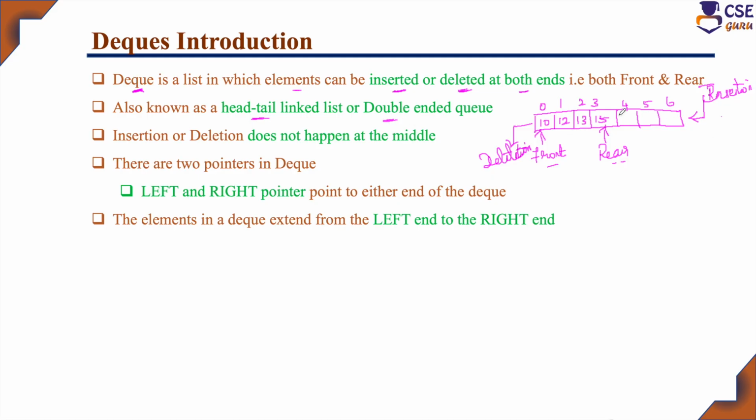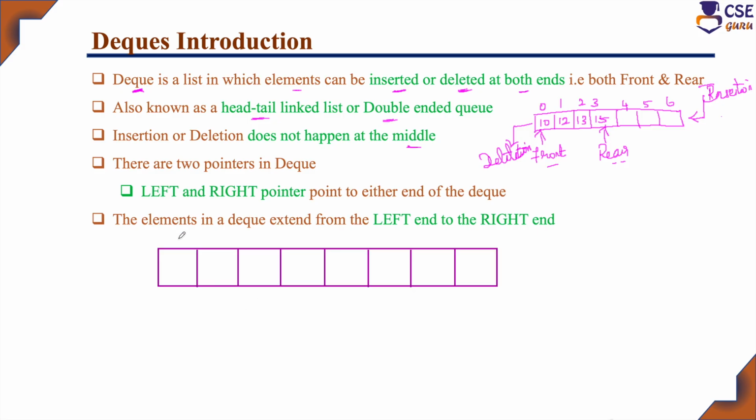Double-ended queue, because on both sides we can insert as well as delete. Both operations we can perform. There is no restriction at all. And here, insertion or deletion does not happen at the middle. For example, in this Deque data structure, insertion and deletion happen at both the ends.